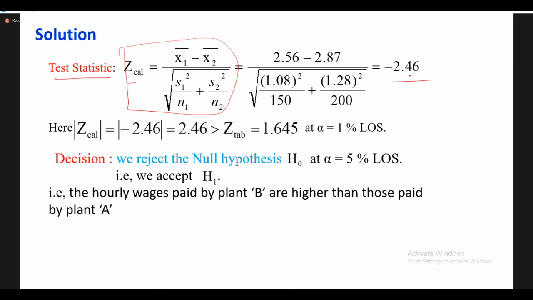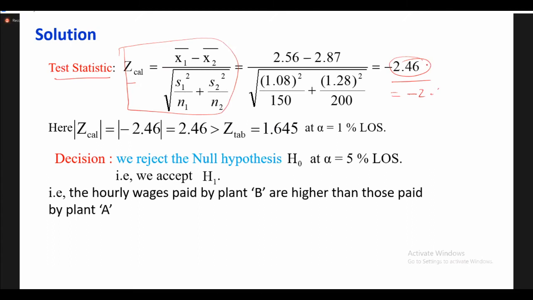All of you check the Z calculated value, whether it is right or wrong. Somebody got minus 2.543.